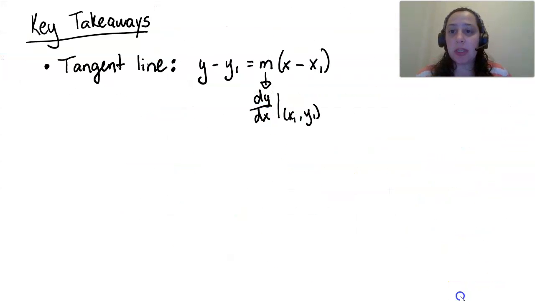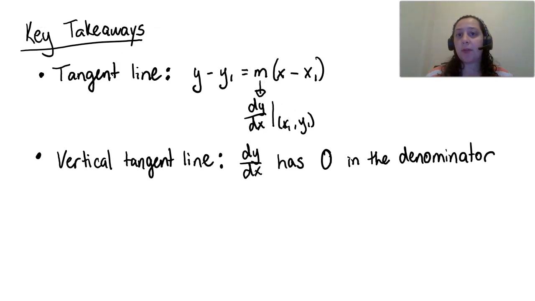So some key takeaways. The equation for the tangent line is y minus y1 equals m times x minus x1. And use dy/dx evaluated at your point to find your m. Next, if you're asked to find a vertical tangent line, dy/dx must have 0 in the denominator so that dy/dx is approaching infinity.